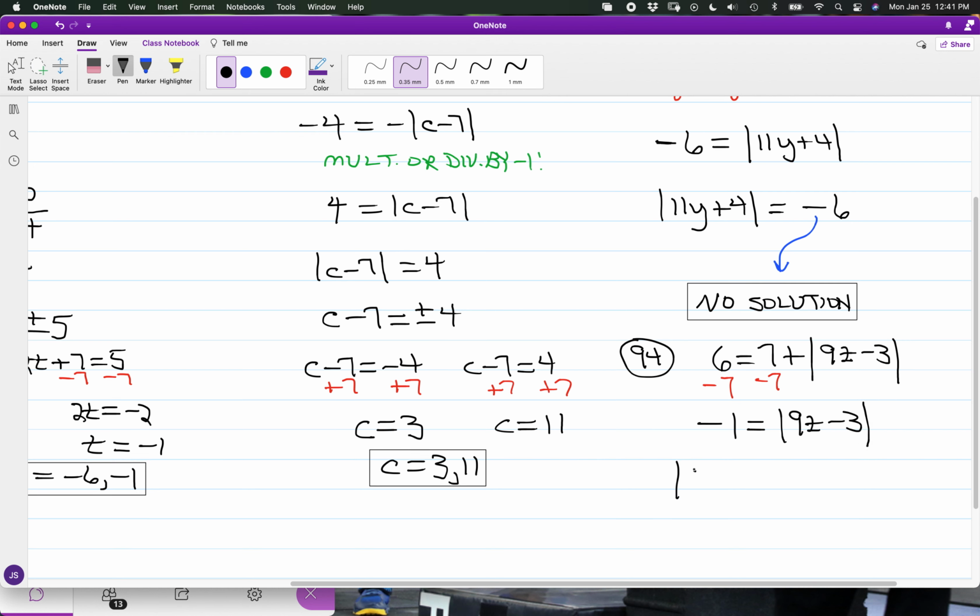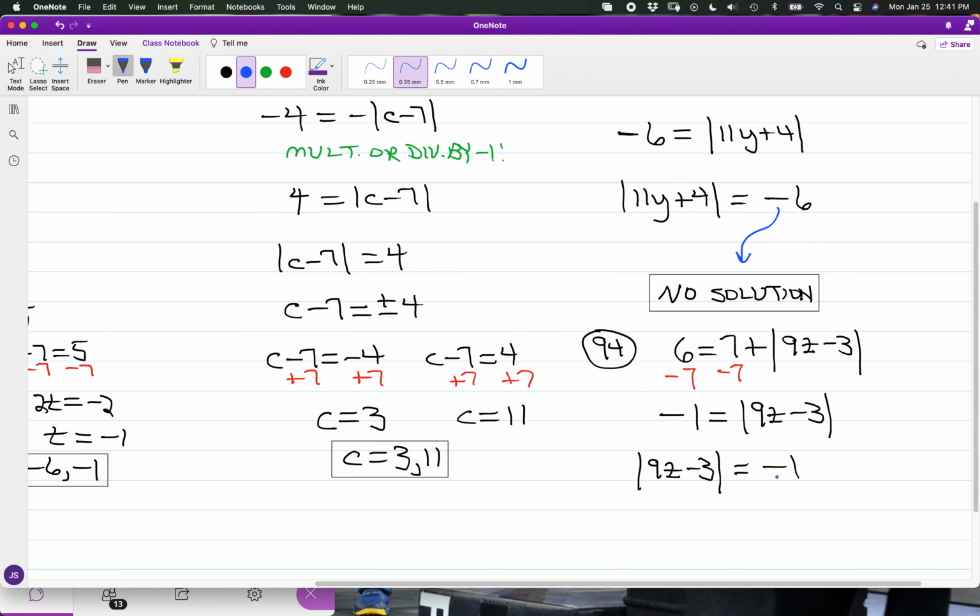Again, I can just change the order, and you notice right away we have an absolute value expression set equal to a negative constant, and k cannot be negative. Just as with k equal to negative 6 in number 93, the same fate awaits number 94, because k is equal to negative 1, and once again k cannot be a negative value. So 94 is yet another problem where there is no solution.